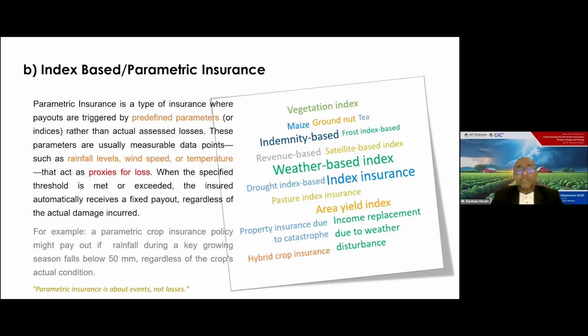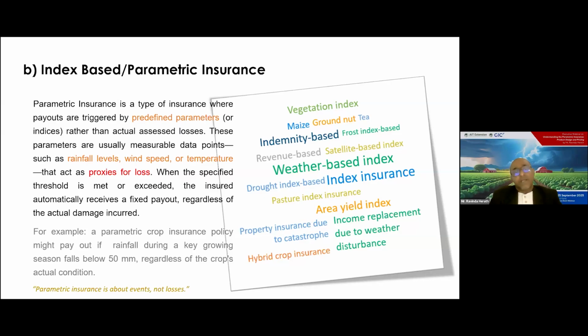In these parameters, we have to define strike levels, trigger levels, and also payout levels, so that when the parameter reaches a certain level, the payout is made, right?